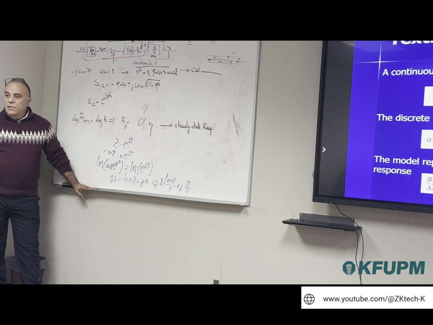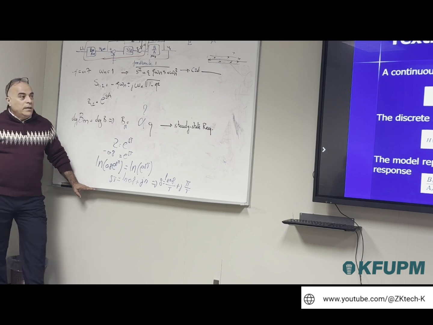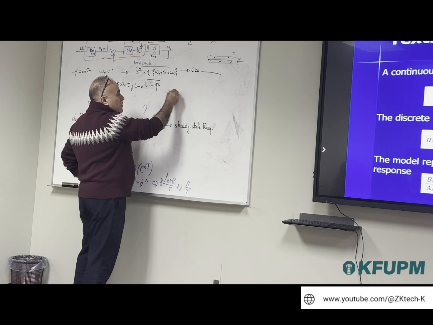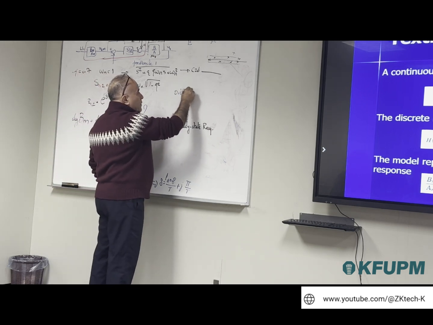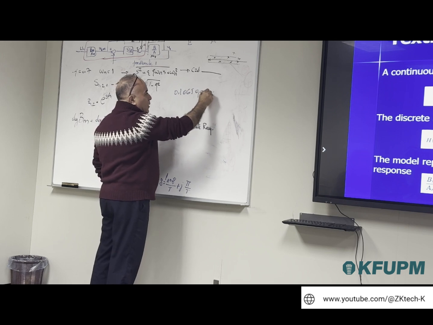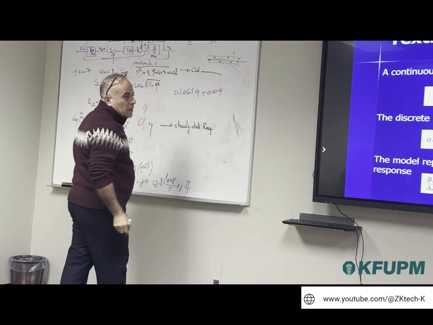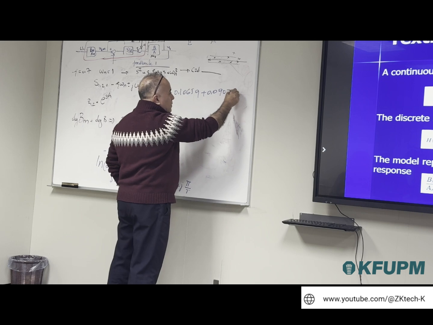So for the Q, we are going to divide the next B over the previous one, B1 over B0, right? Yeah, basically you are trying to solve 0.1065 times Q plus 0.0902 equal to 0.